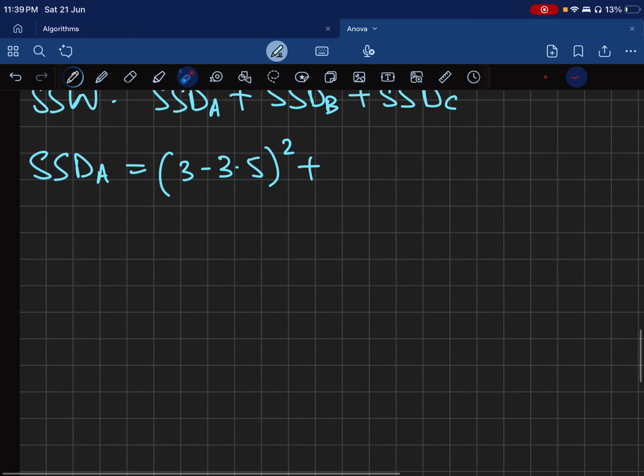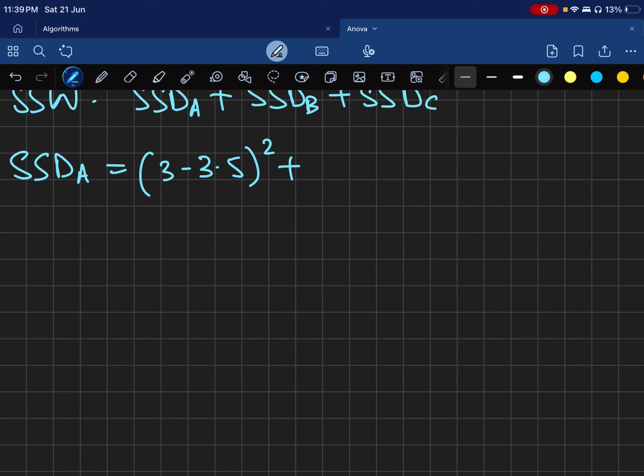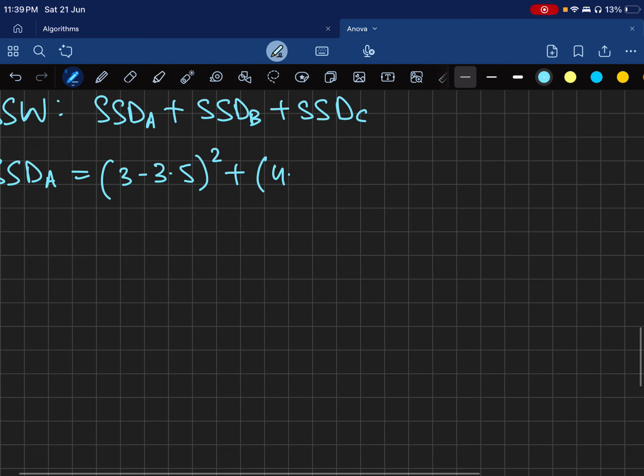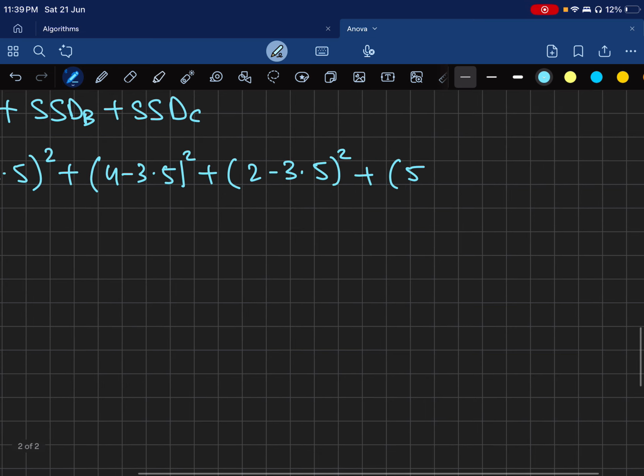So SS deviation A will be like this: (3 minus 3.5) square plus (4 minus 3.5) square plus (2 minus 3.5) square plus (5 minus 3.5) square.